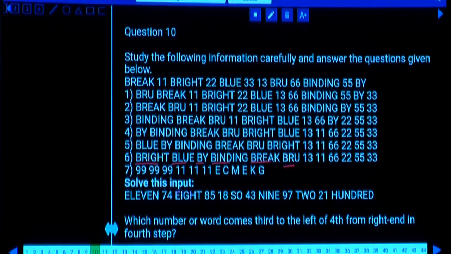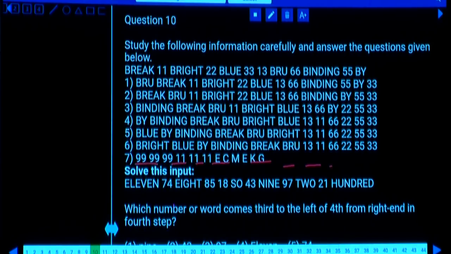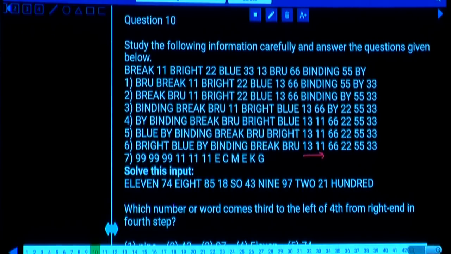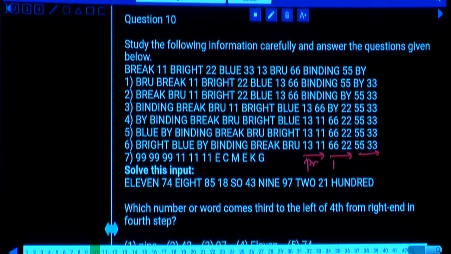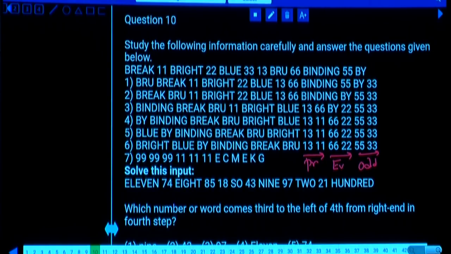Now the numbers are 13, 11, 66, 22. Now 13 and 11, what are these two? 13 and 11 are prime numbers in the decreasing order. And 66, 22 are even numbers in the decreasing order. 55, 33 are odd numbers. Primes, next even, and next odd. They are in the decreasing order.